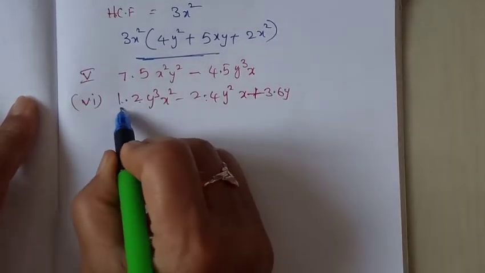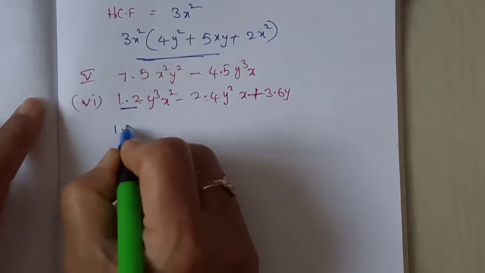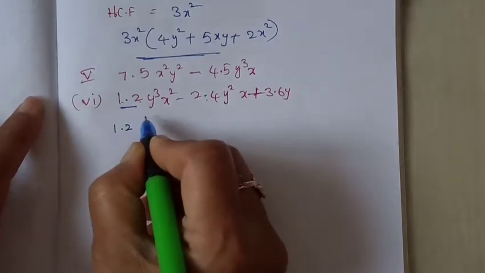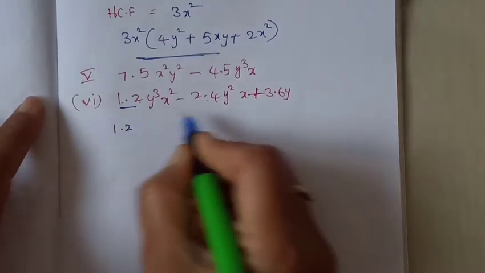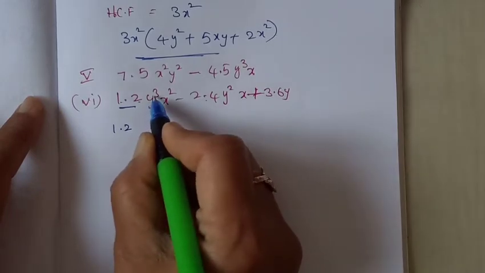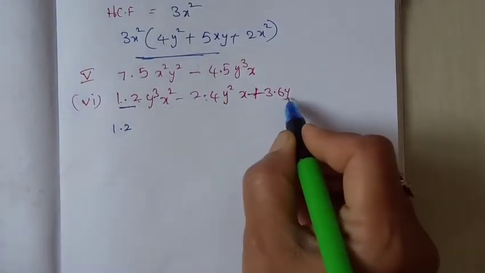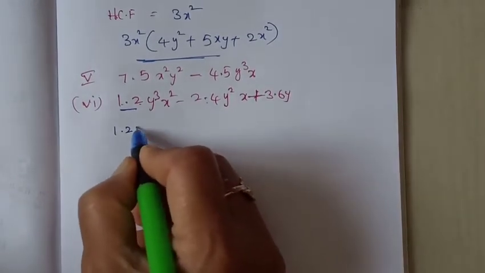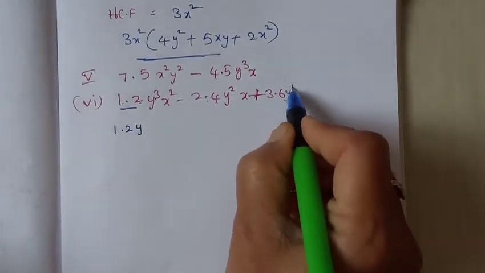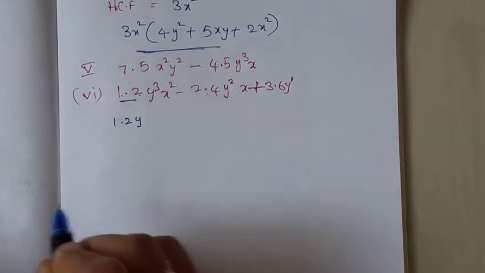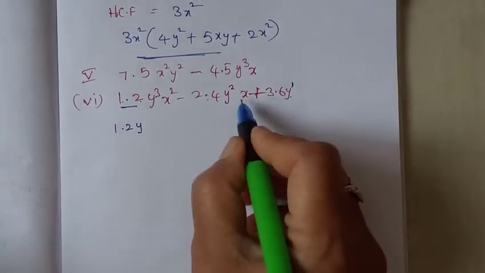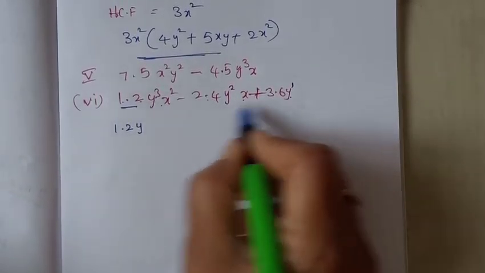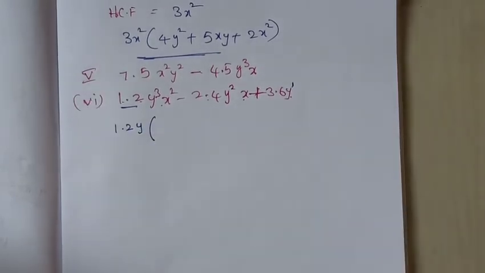So suppose here 1.2, I'm going to try to explain you in this way so that you may understand. So here y cube, y square, here it is y, so 1 y can be taken out. 1.2, 1 y, because here only 1 y is there, 2 y's are there, 3 y's are there. Here x is not there, here x is there, here x is there, so x will not be taken as common.